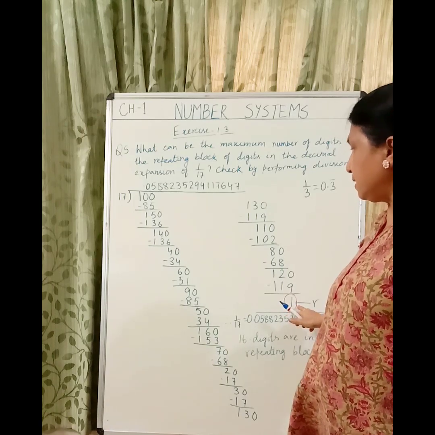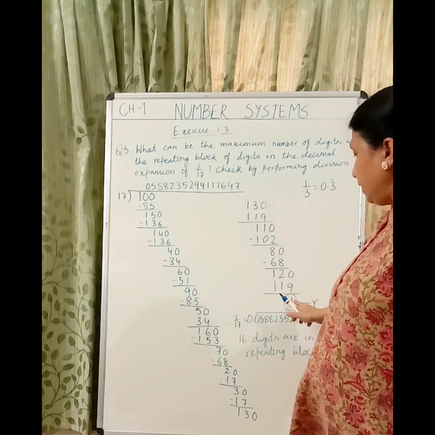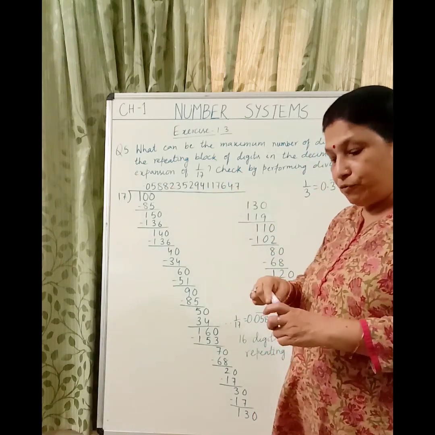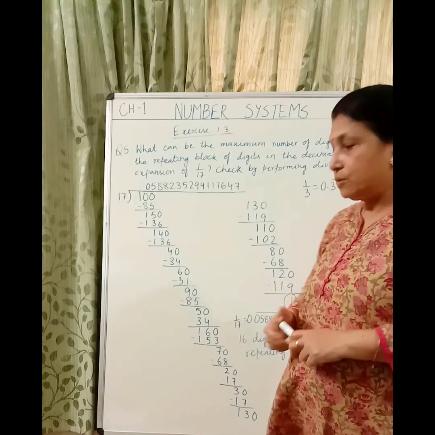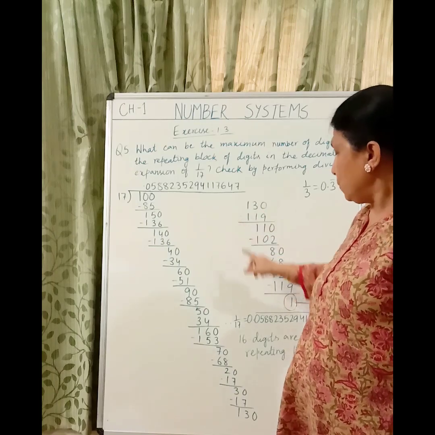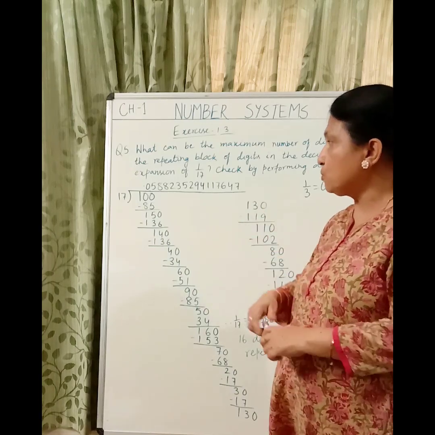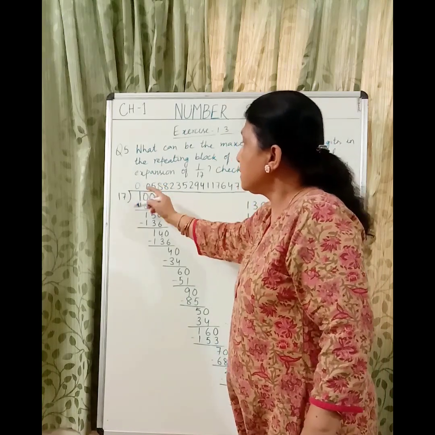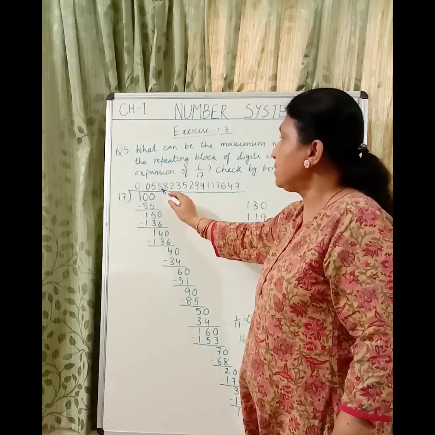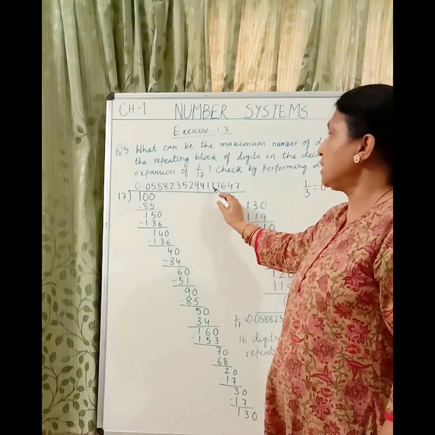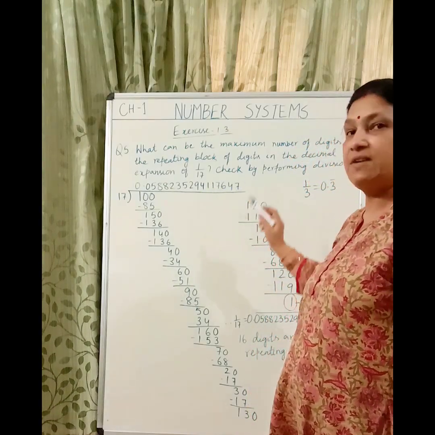What we can see here is that we will be getting the same set of digits for further division. So we will stop the division and we can see now 1 upon 17 is equals to 0.0588235294117647.